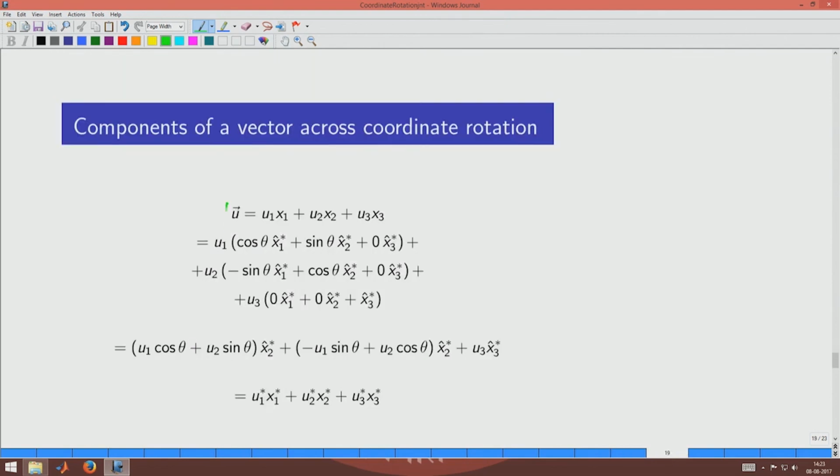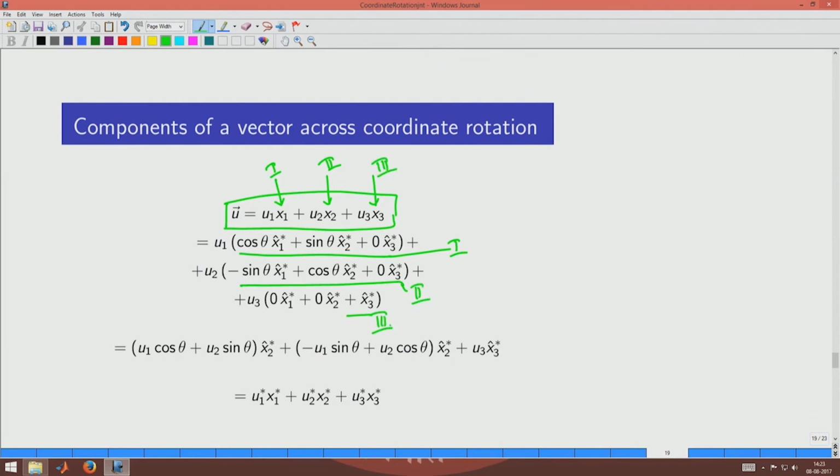We first write u in terms of its components, and then each of the old unit vectors we write in terms of the new ones, and we already have those. So, this is the first one, and this is the second one, and the third one of course is unchanged because we are rotating about the x3 axis.